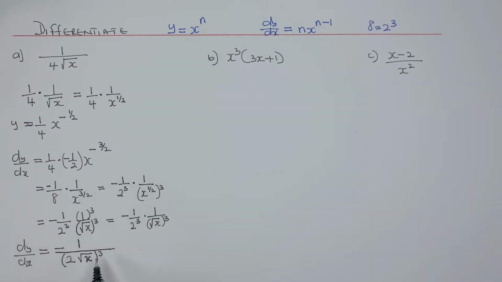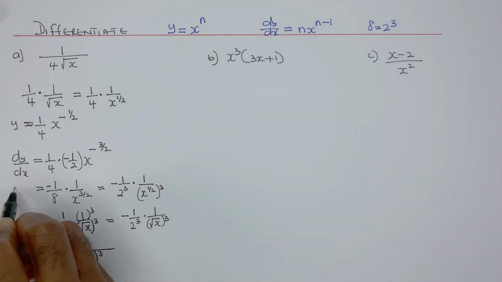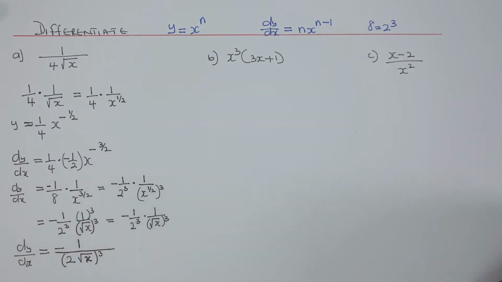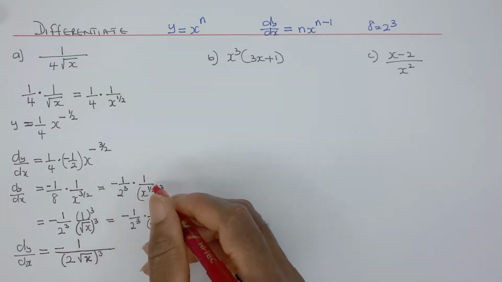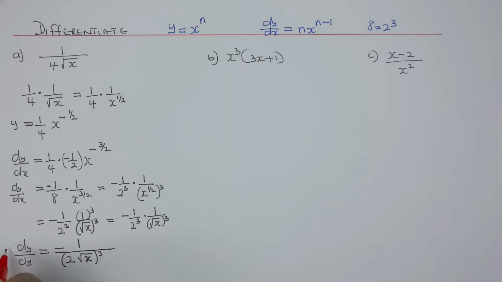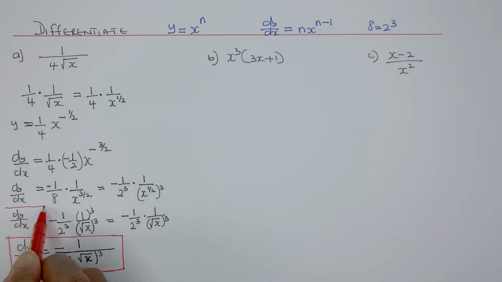Okay, that's beautiful. Now you could leave your answer that way. You could have stopped here if you want, and you will still get your mark. Or you could progress all the way to here, applying the law of indices. So that's the rule of indices, basically. So that's your dy/dx. That is still correct if you stop anywhere there.